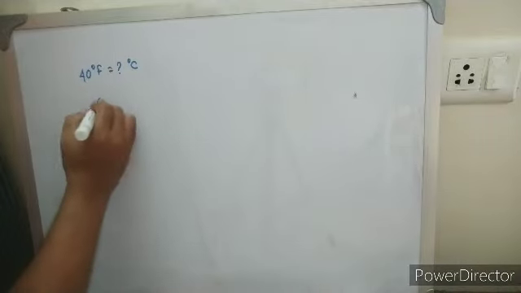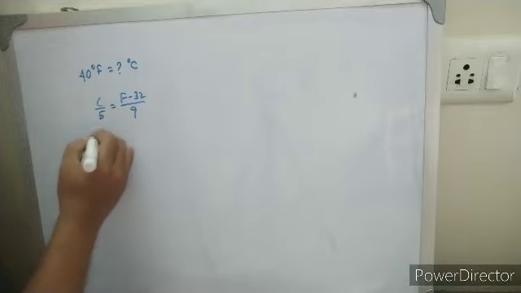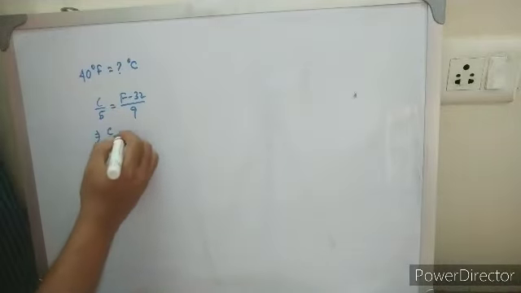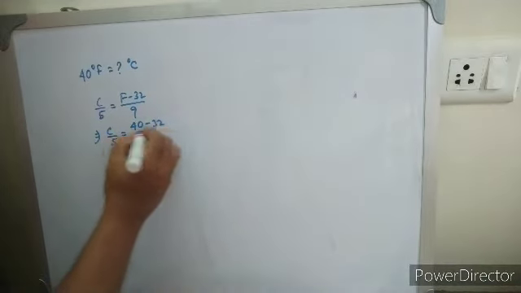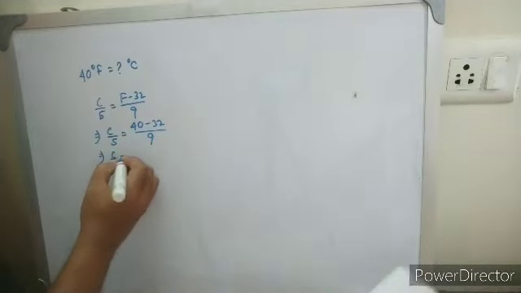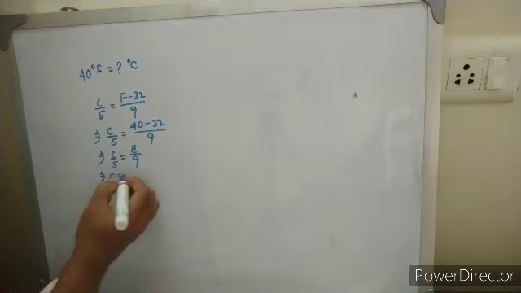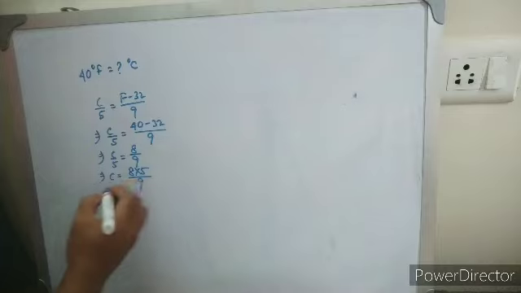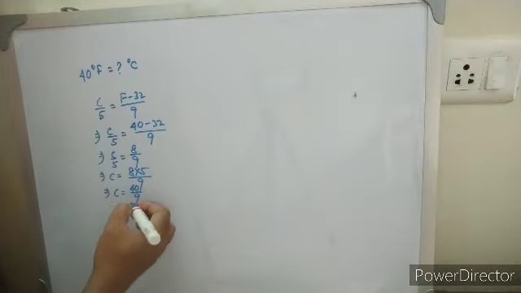Again we write the relation formula, and we have to find this C. Instead of F we write 40 minus 32 by 9. So C by 5 equals 8 by 9. So C equals 8 into 5 by 9, that is 40 by 9.